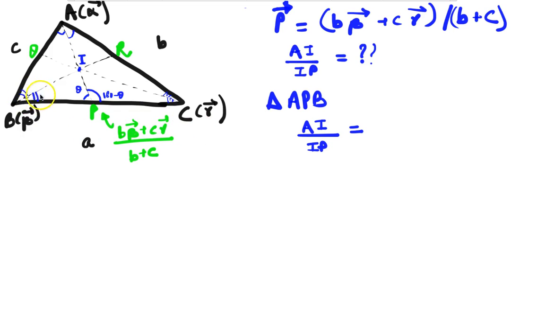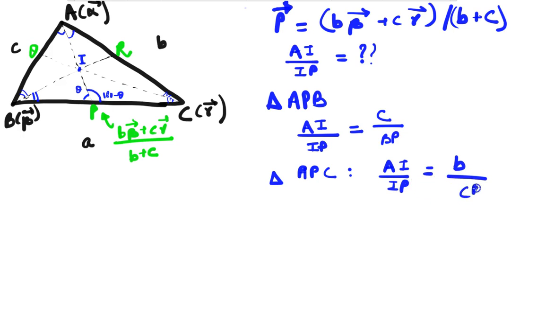This is an angle bisector, so as we have proved earlier, AI by IP would be C by the length of BP. And similarly in triangle APC, AI by IP is nothing but B by CP. So let's call this equation 3 and this equation 4.